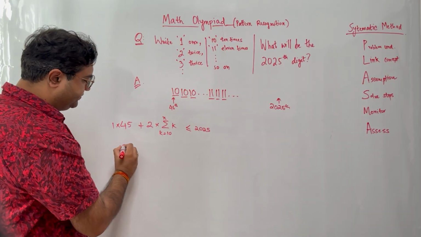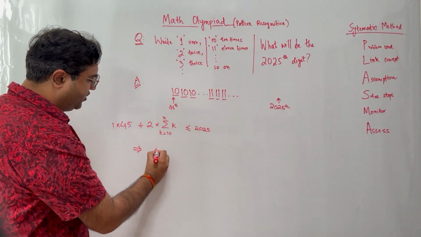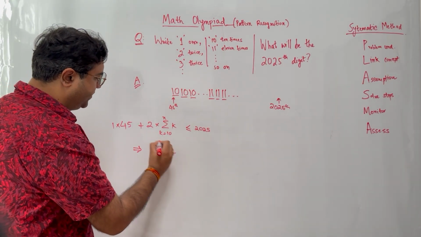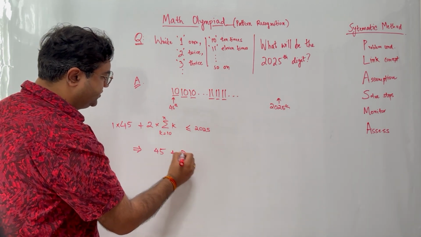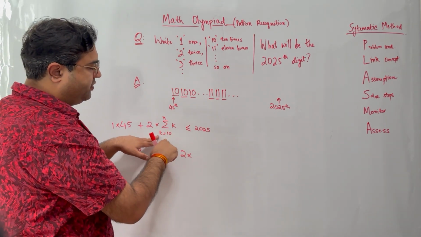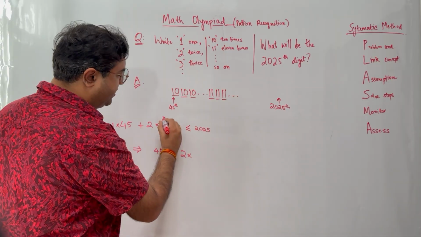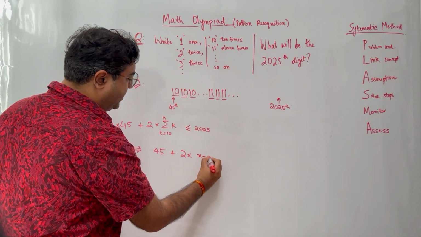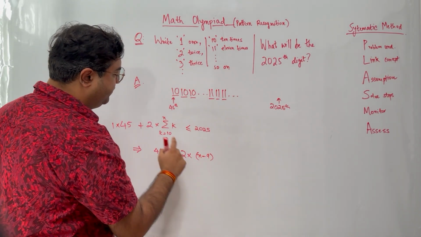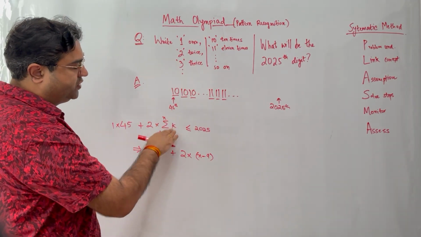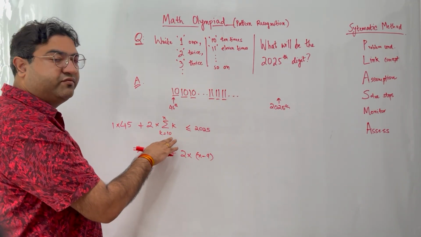So this is 45 plus 2 times, and the formula here is n minus 10 plus 1, which is the total number of terms.